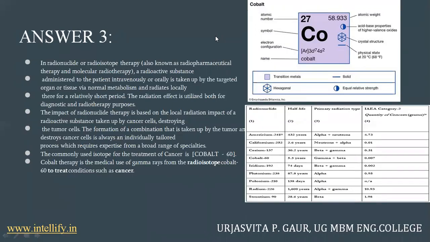So cobalt 60 is an isotope of cobalt, and cobalt therapy is the medical use of gamma rays from the radioisotope cobalt 60 to treat conditions such as cancer. A radioisotope is nothing but an isotope that emits radioactive radiations, and you can also observe that cobalt has an atomic number of 27.